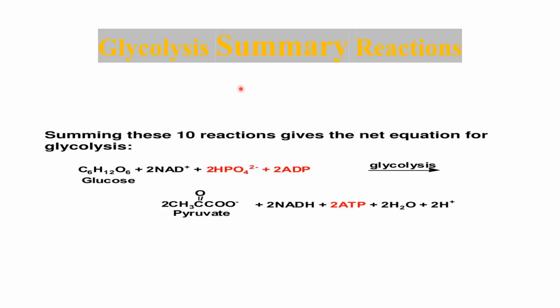So if we sum all these individual reactions, keeping in mind that all these take place twice, we get the following net results.